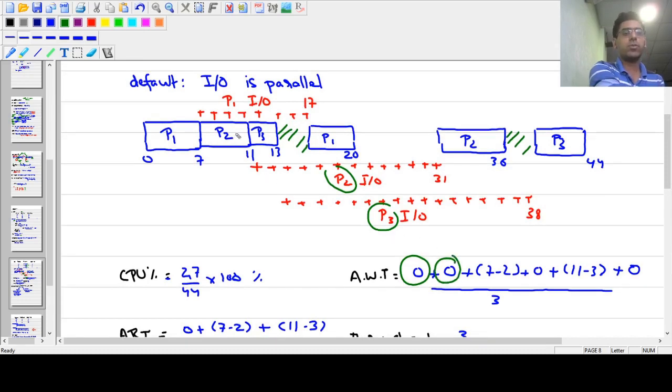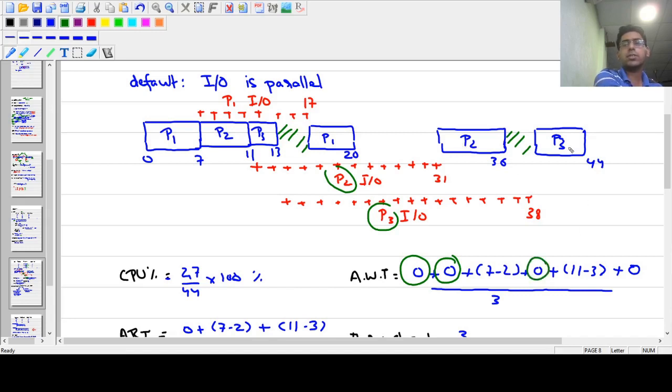Then for process P2, the first time it has to wait 7 minus 2 milliseconds, since it came at 2 milliseconds and got the CPU at 7 milliseconds, and again as soon as it completes its input output burst, it gets the CPU, so it waits 0 time.